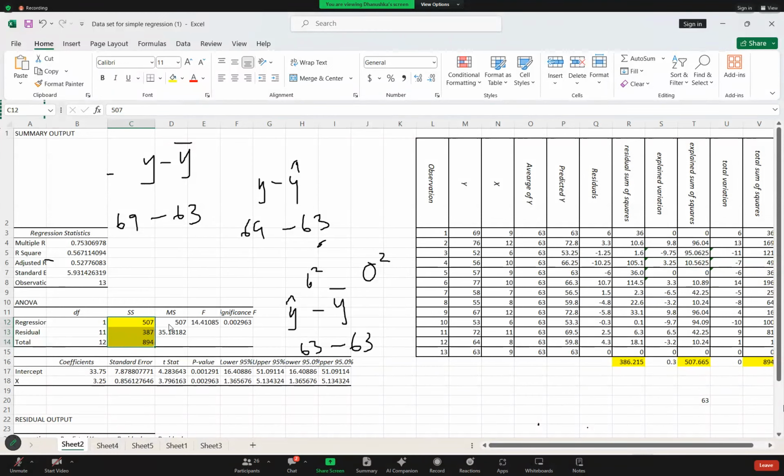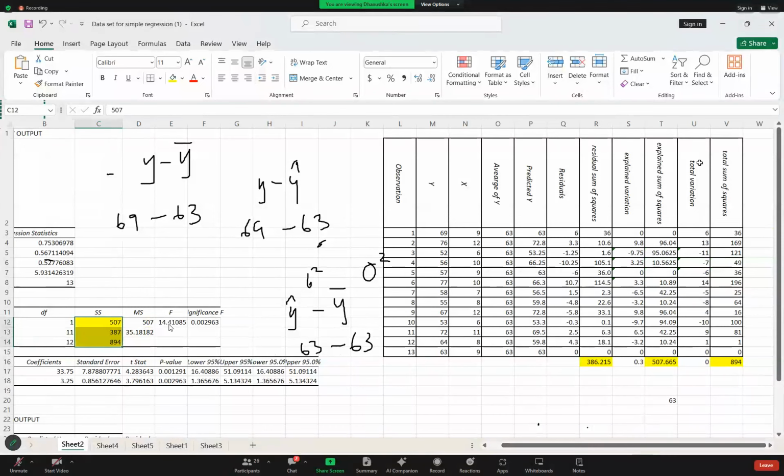Is it clear? Okay, then you can study this table. Then only you can understand clearly. Then shall we have a 10 minutes break?